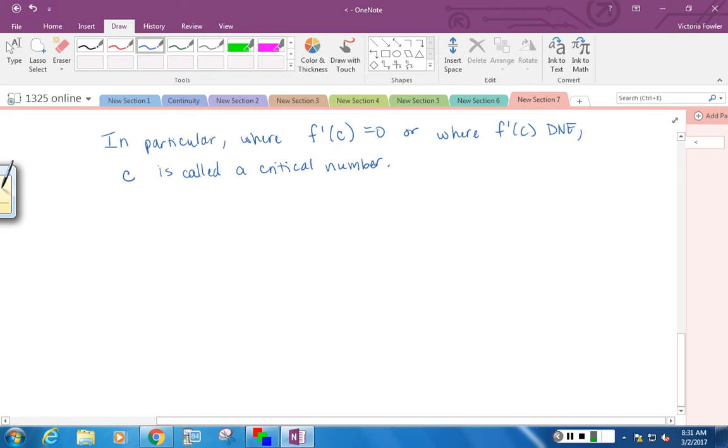So we may be asked to find critical numbers in the interval where f is increasing or decreasing. So let's take an example. So find critical numbers in intervals where the function f is increasing or decreasing.